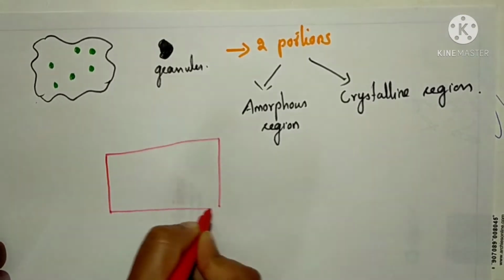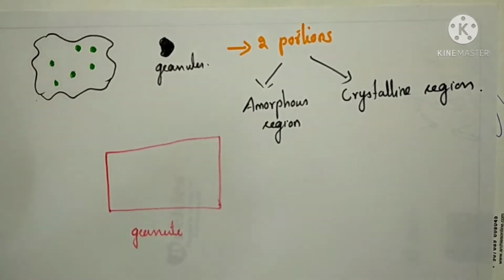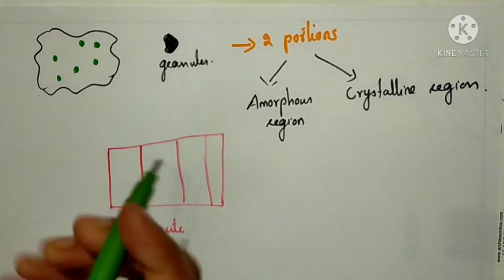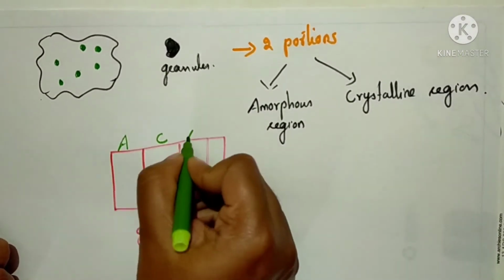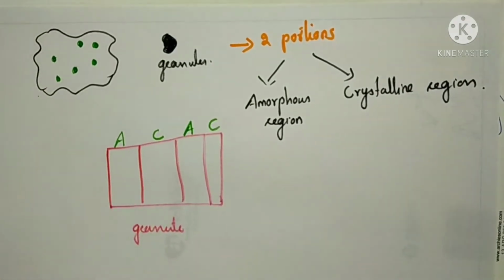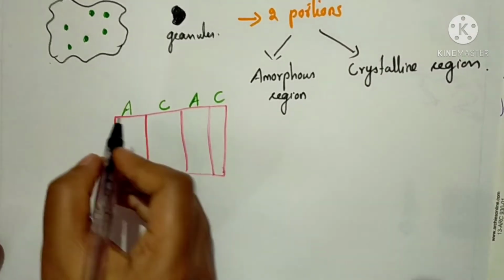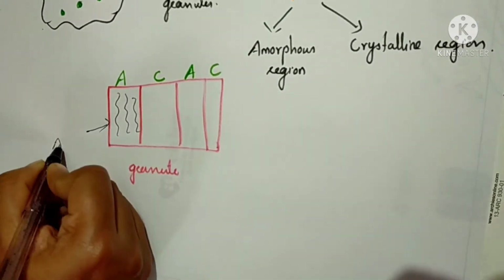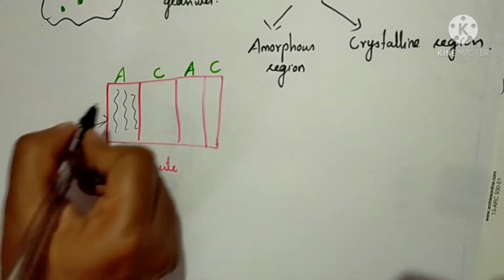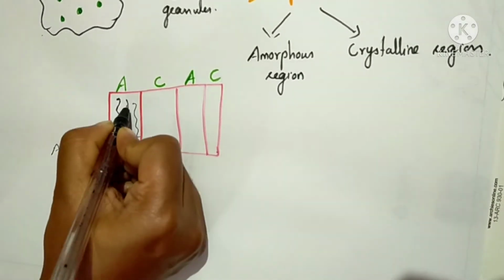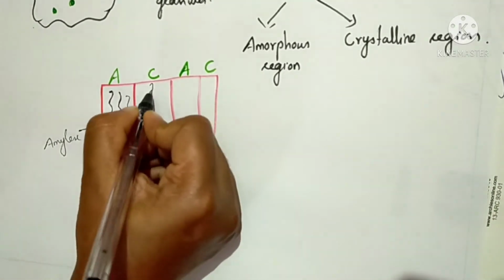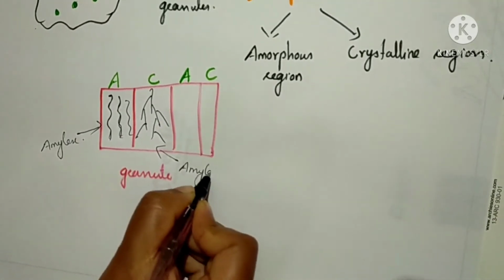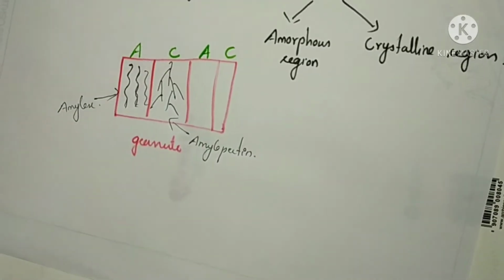Consider the inner structure of a granule. It contains two types of regions alternatively arranged. If the first region is amorphous, then the next will be crystalline, then amorphous, crystalline, and so on. The amorphous region contains the linear unbranched amylose polymer, and the crystalline region contains the highly branched amylopectin polymer.